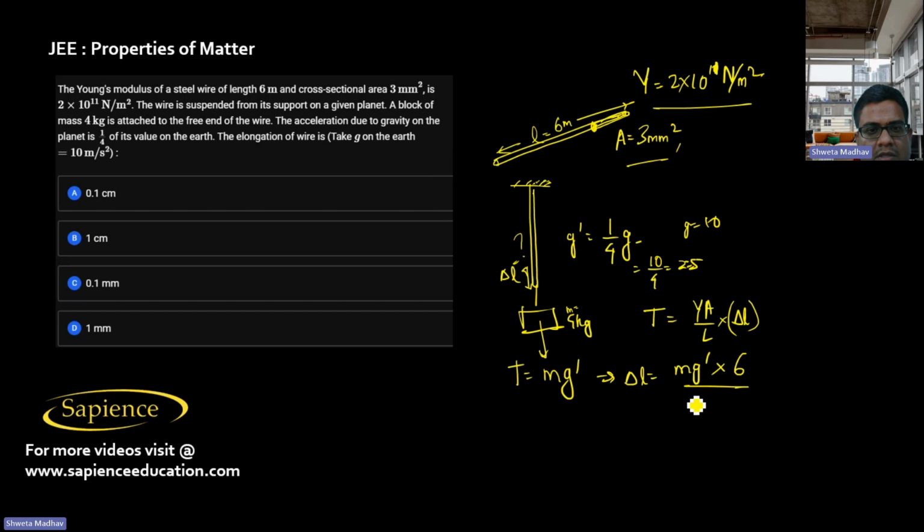Area of cross section is 3 millimeter square, so 3 into 10 power minus 6 meter square, into Y, Y is 2 into 10 power 11.